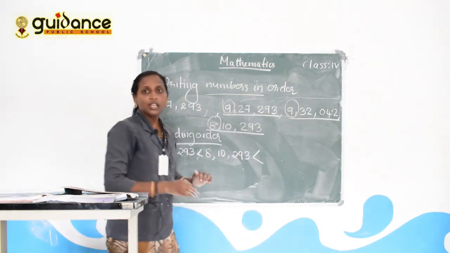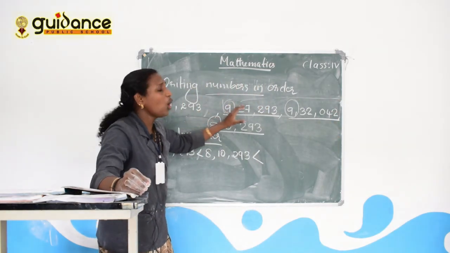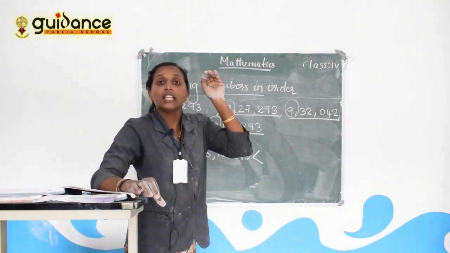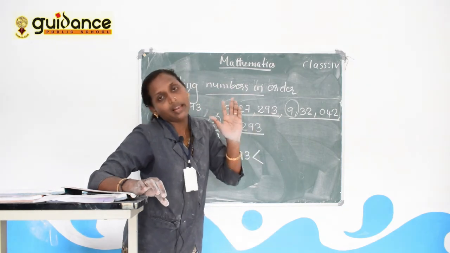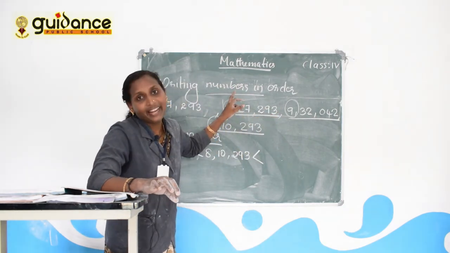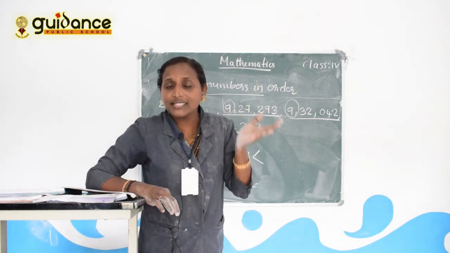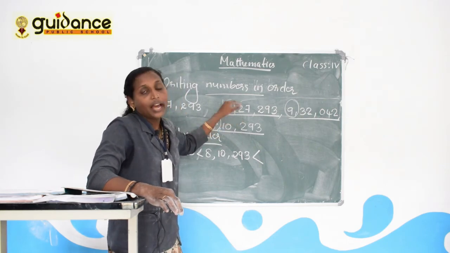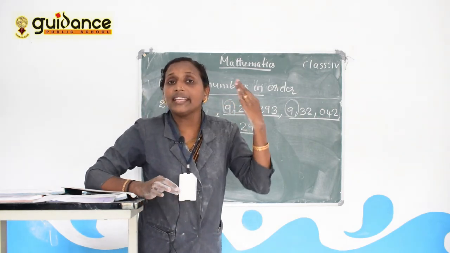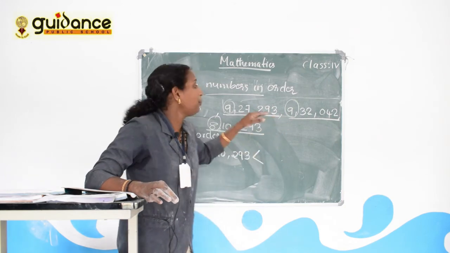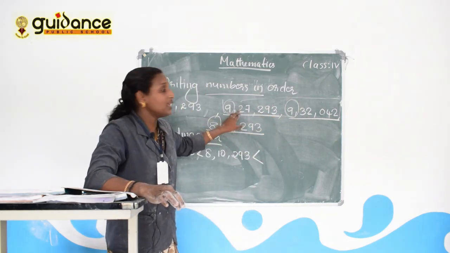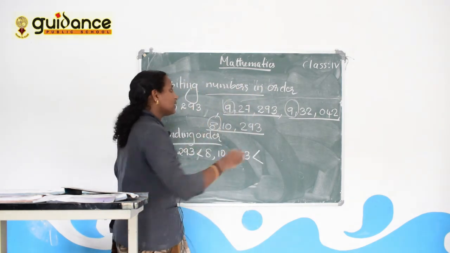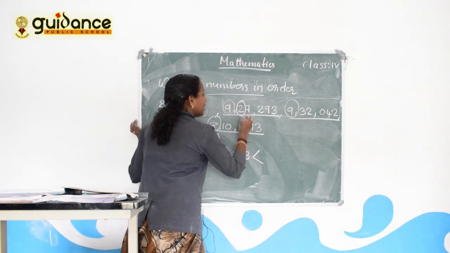Next, we will compare these two numbers only. Look at these numbers. Both have the same extreme left, that means the lakh place is equal. Both lakh places are 9. So we can't tell which is the smallest or the greatest based on the lakh place. At that time we look at the next digit, the 10,000 place.